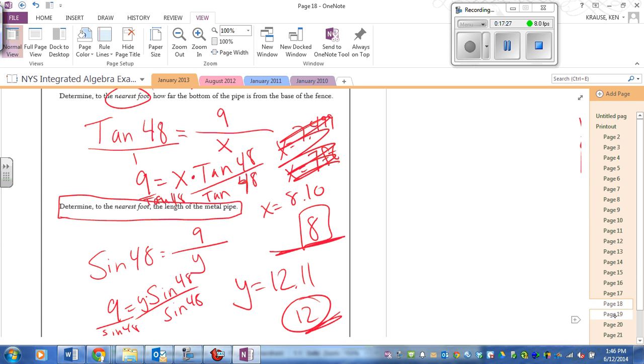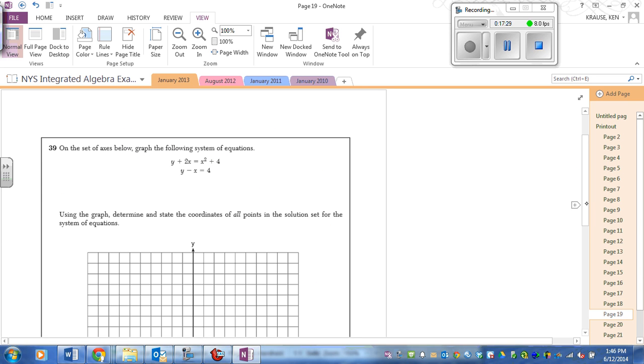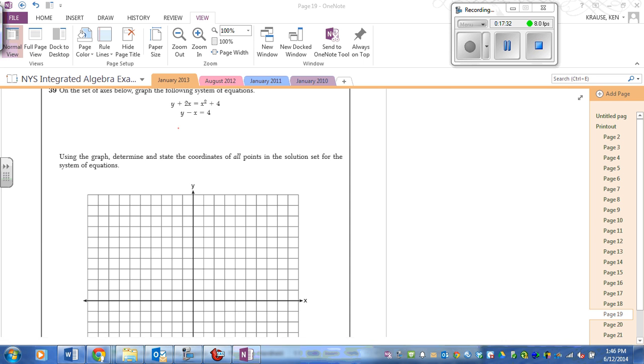One left. This one's easy to get. It's y equals x plus 4.